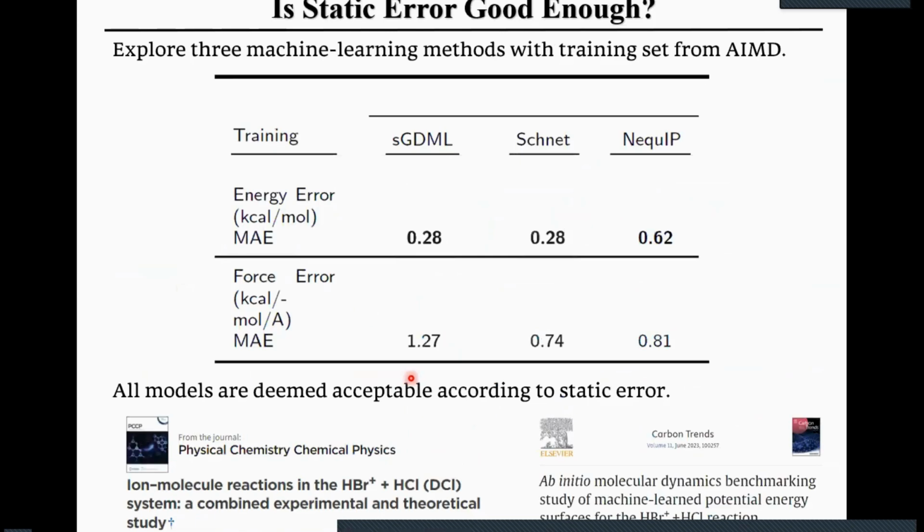So with that, here I'll show you an example of how challenging that is. This is, before we step into the game, how people develop this kind of method, machine learning potential, and run dynamic simulations. Here, I'm doing one simple chemical reaction that I just try to benchmark different machine learning potentials.